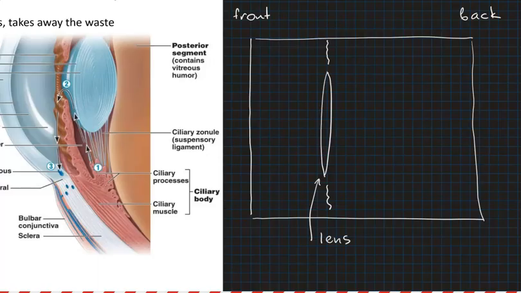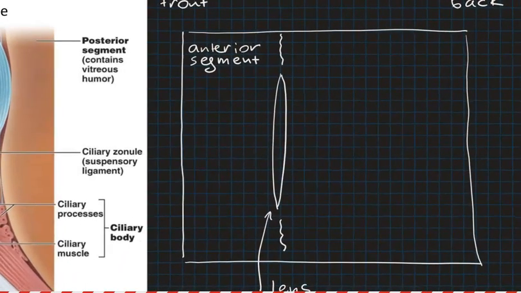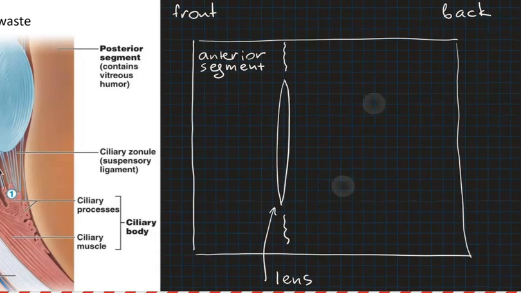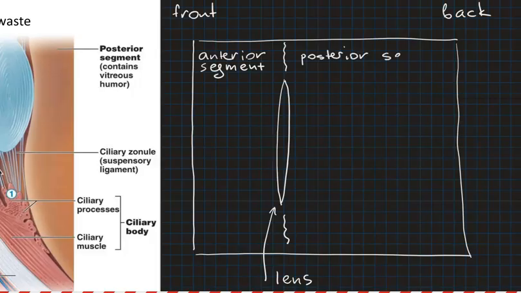The part that is in front of the lens is called anterior segment. The part that's in the back of the lens, it's called, surprisingly, posterior segment, or sometimes the common name is vitreous chamber.